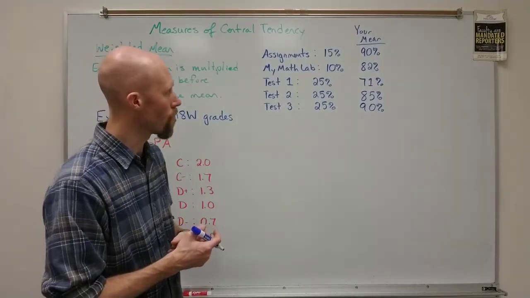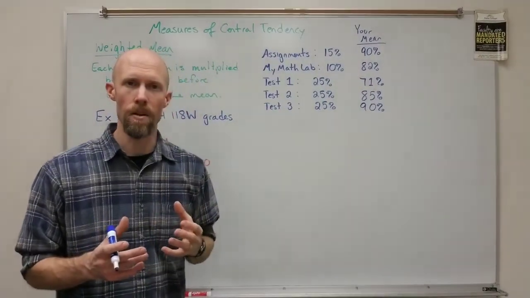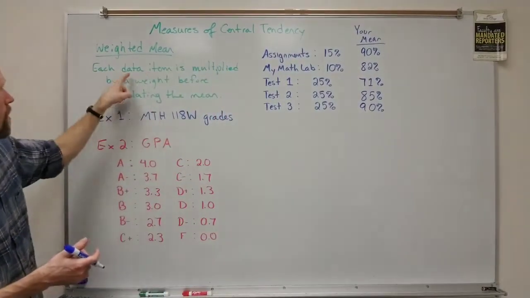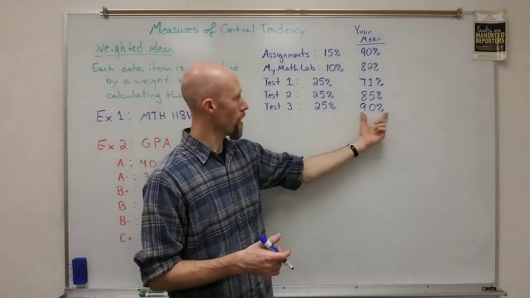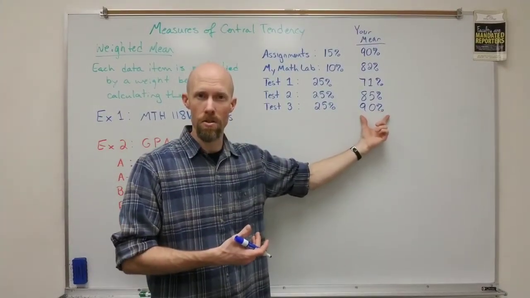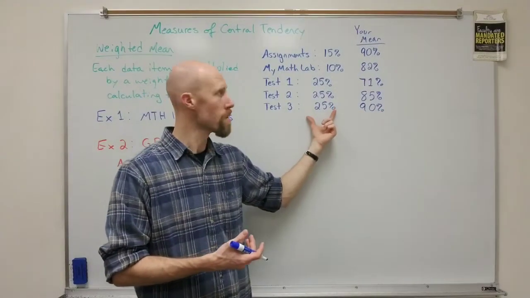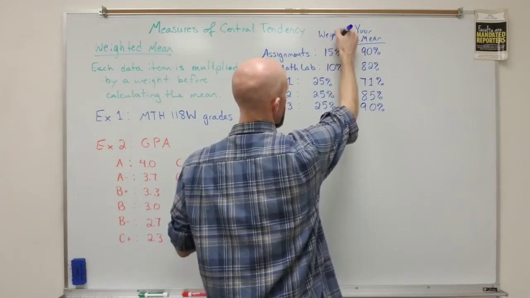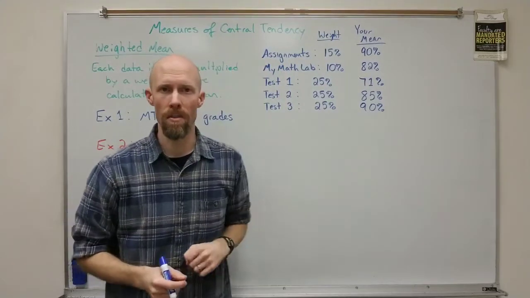And so to make that happen, what we do then is we multiply. This is where the multiplying comes in. You multiply the data item by the weight. These are considered the data items, and these are the weights. And then add them up and find the average.